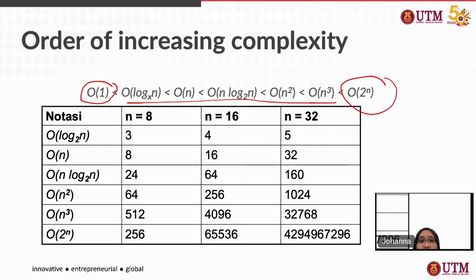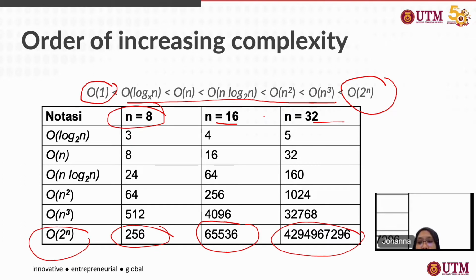Here, n is the size of our data. When the size increases, the value also increases, and for O(2^n) the value increases very fast.